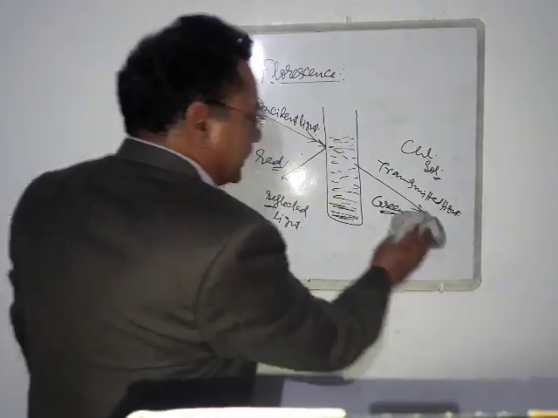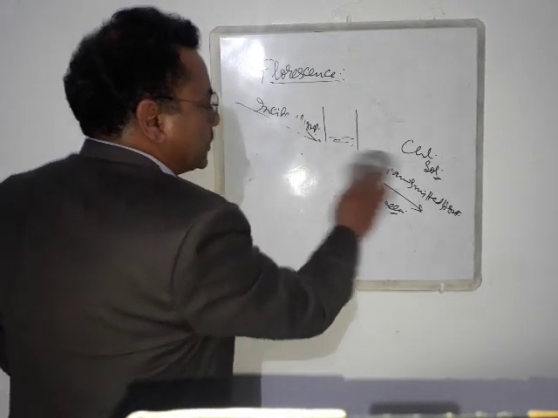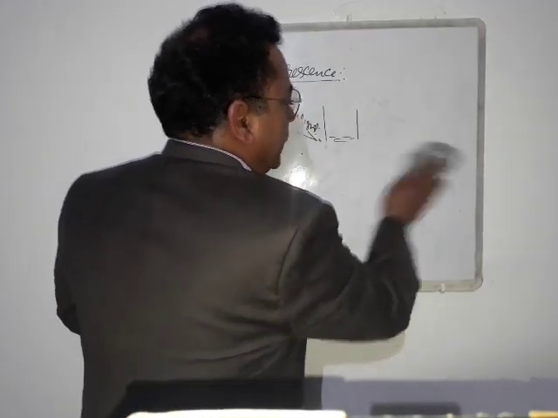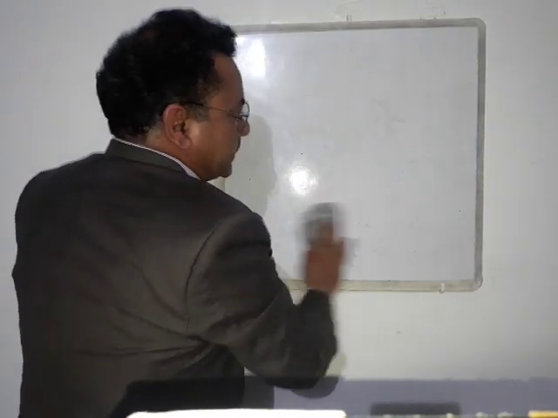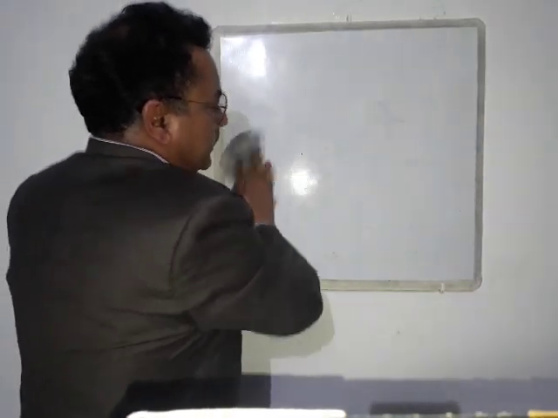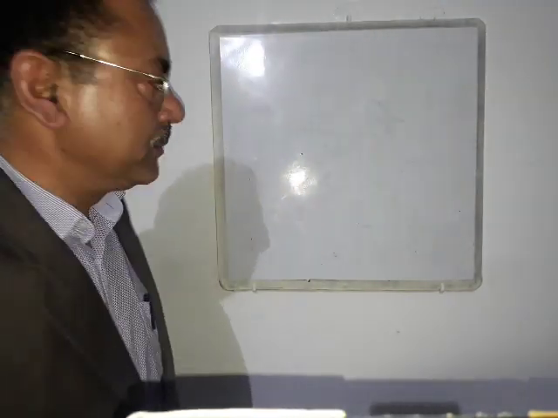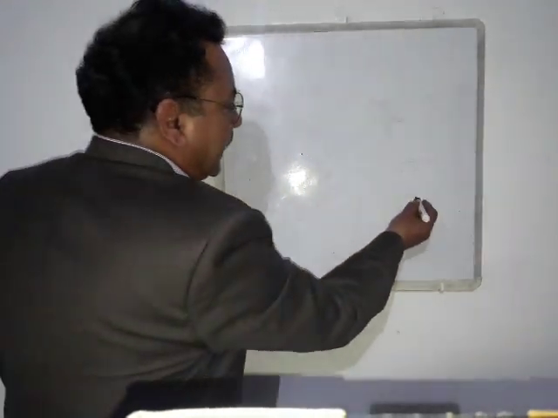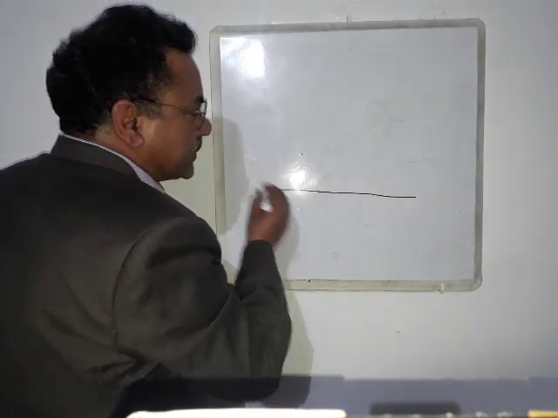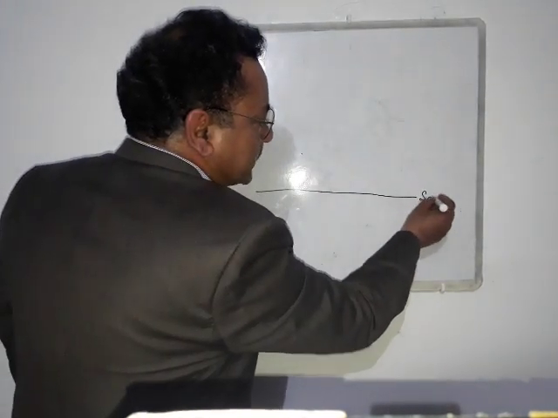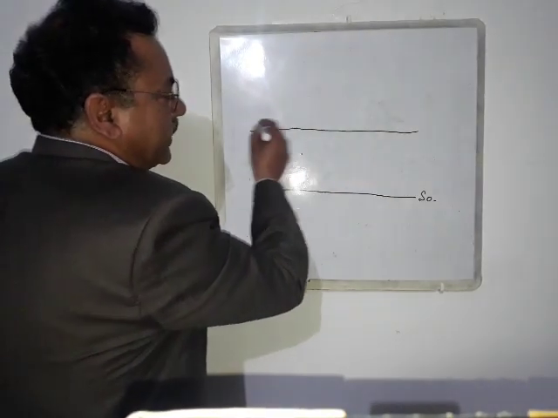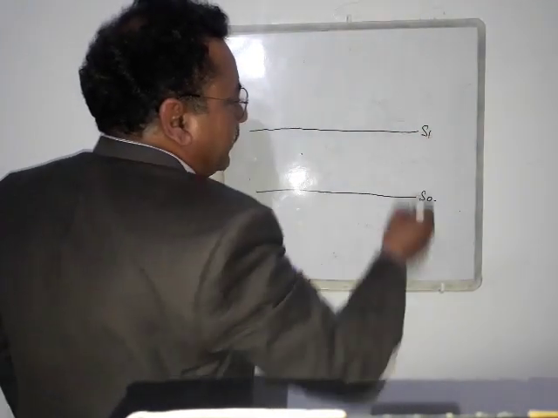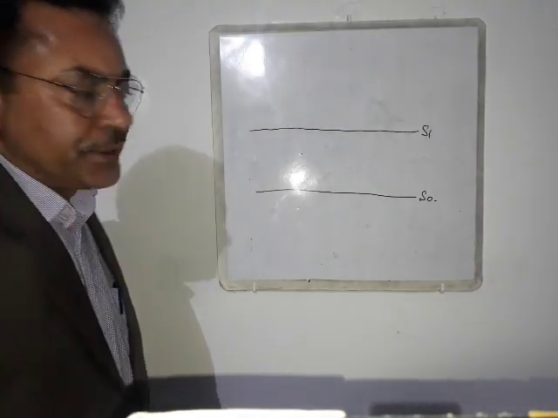Fluorescence can be understood when we take the energy status of the electrons in the constituent atoms of the chlorophyll molecule. Let us take into consideration the ground state of the molecule, S0. Then there is a higher energy state that you call S1, the first excited singlet state.